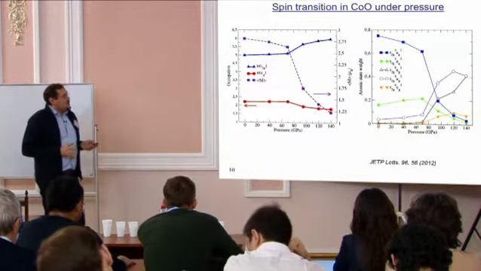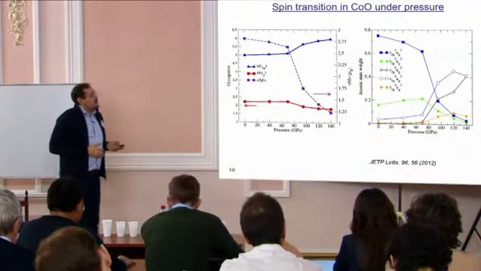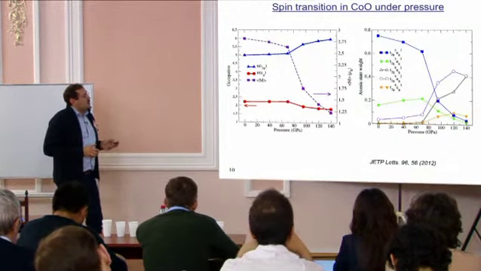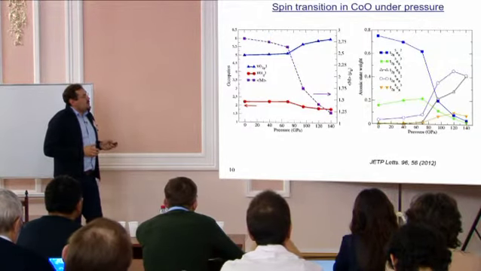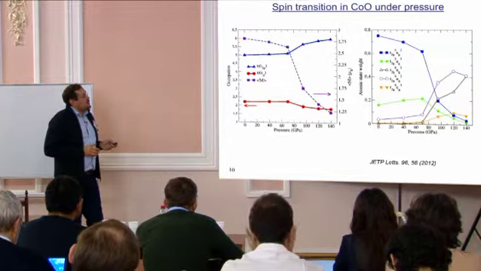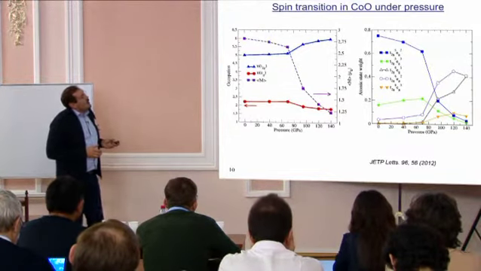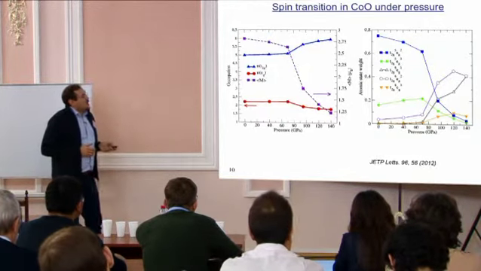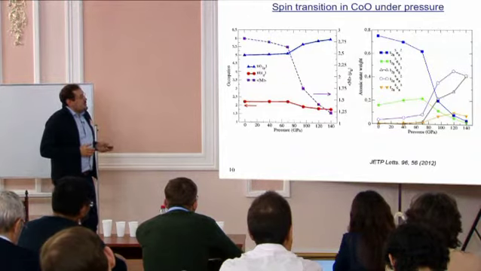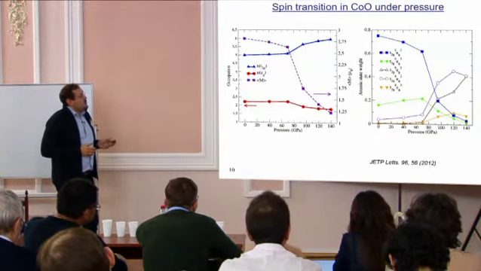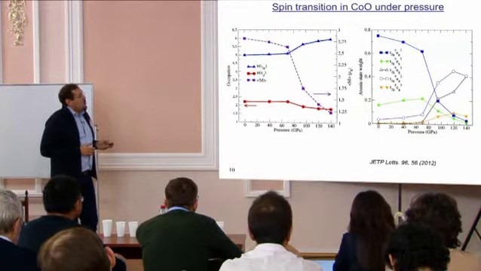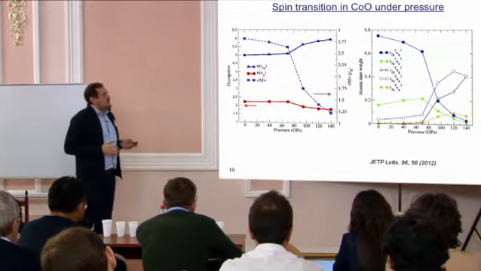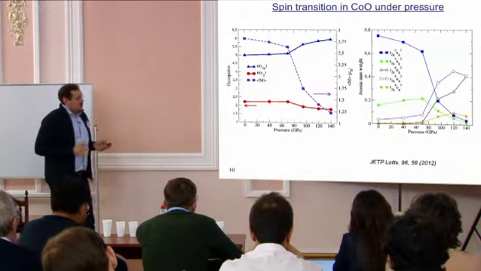So analysis of possible configurations makes it possible to conclude that this transition goes from the high spin state, that is 5 and 2 electrons in T2G and EG states, into lower states. So these probabilities are high here, but probabilities for states with the lower occupancy of EG states are higher in this region of pressure.